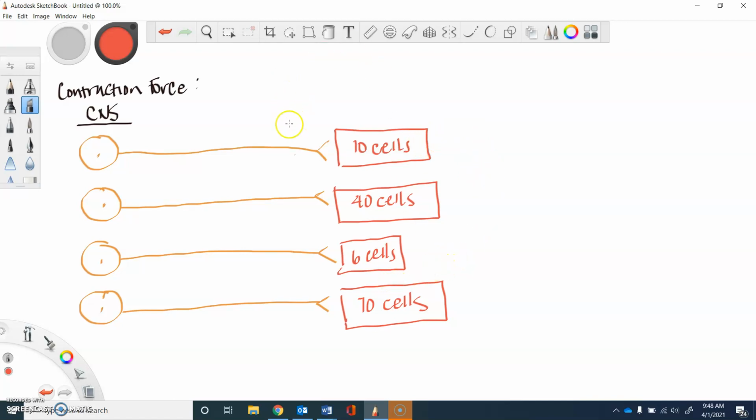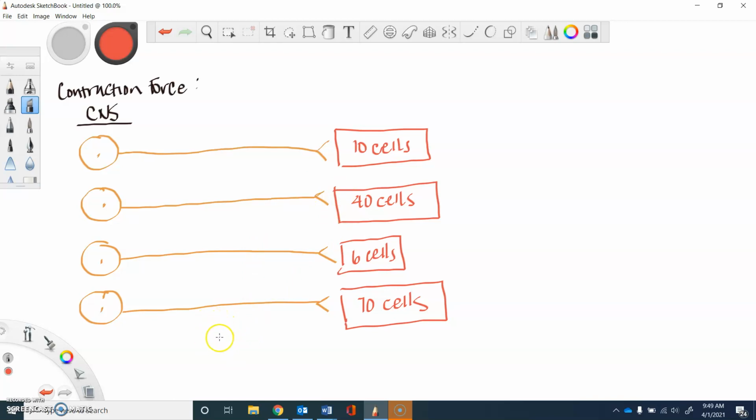So in a contraction, in order to get more contraction force, the body can bring in, or recruit, more motor units.